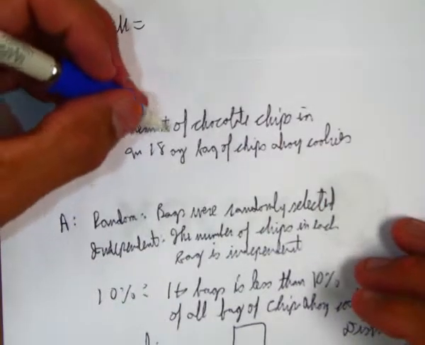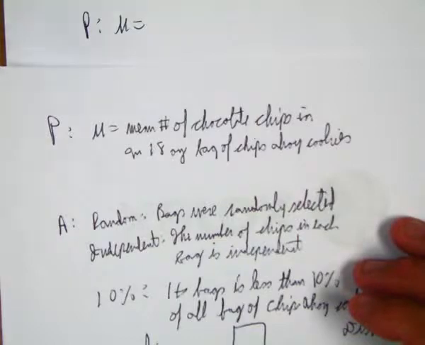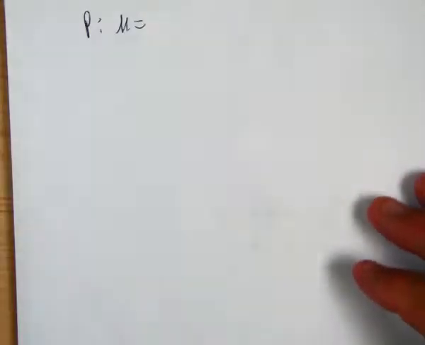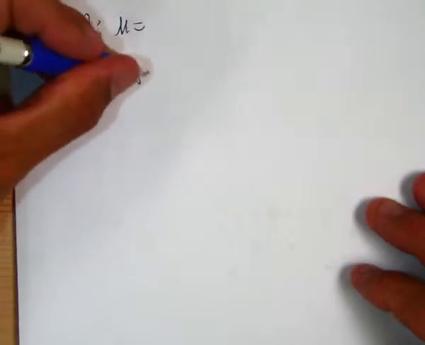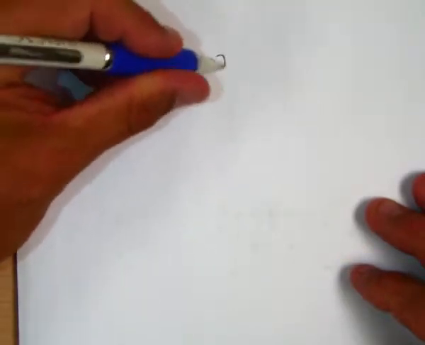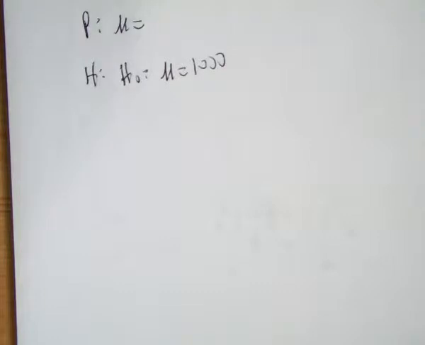Now, question C. If I was doing a hypothesis test, my parameter we already talked about. We already know what mu is. So mu is the mean number of chocolate chips in an 18-ounce bag of chocolate chip cookies. I don't need to redo that. The hypothesis, okay? Well, the null hypothesis is that mu equals 1,000.